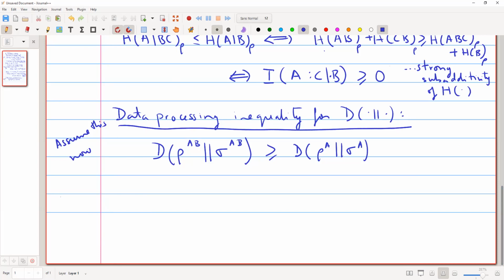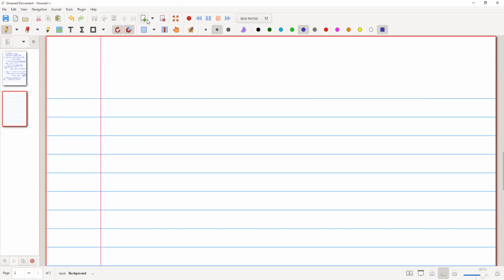Using the log definition, it's clear. So let us look at one of its consequences; let me go to the next page. Here is something which is quite familiar from our classical intuition.